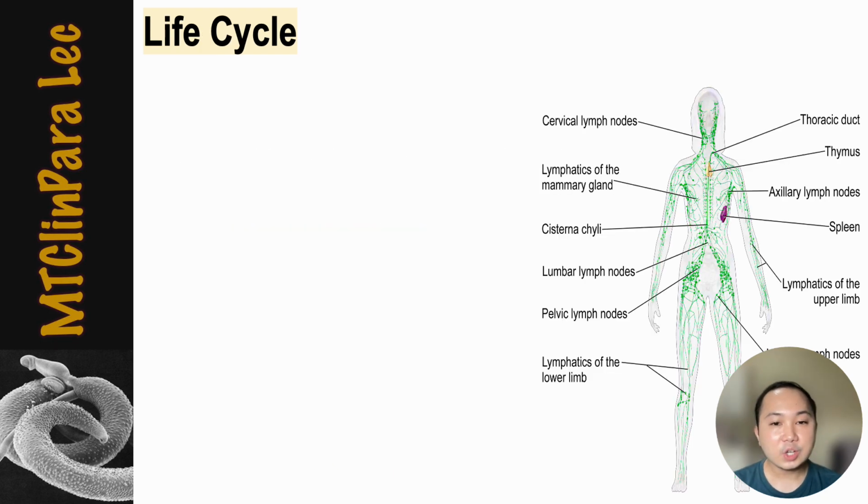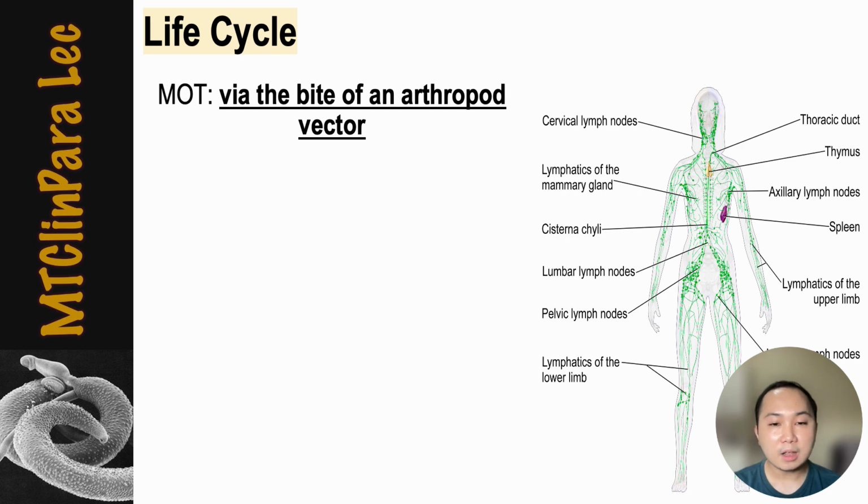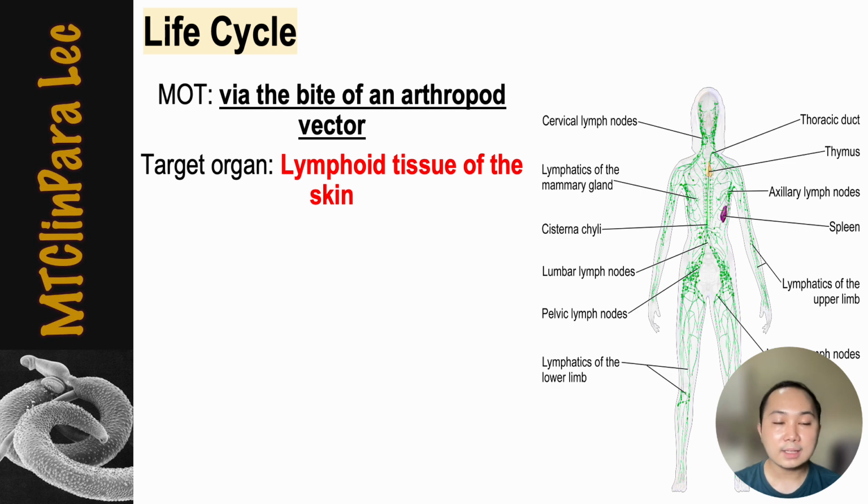So here is a general life cycle of our Leishmania species. Your Leishmania are acquired via the bite of an arthropod vector and usually target the lymphoid tissue of the skin. These tissues are associated with the lymphatic system where the parasites are usually seen.